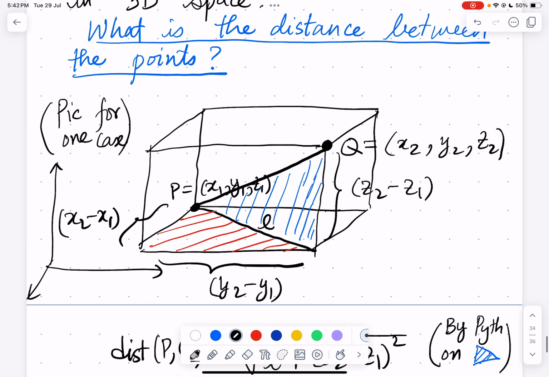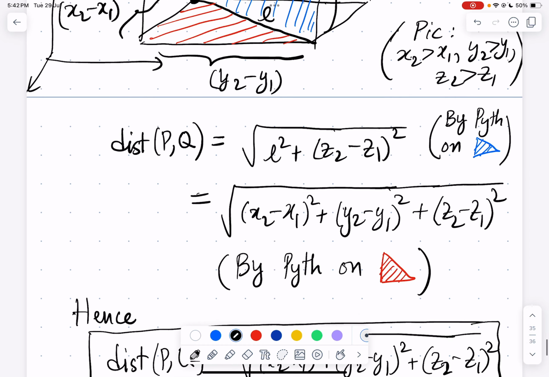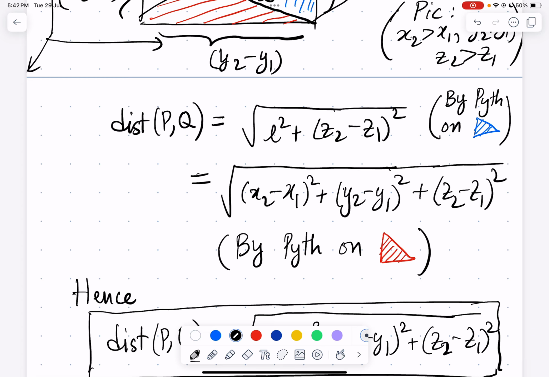So for convenience, we took it like this, and we found the distance is the square root of (x2 minus x1) square plus (y2 minus y1) square plus (z2 minus z1) square.